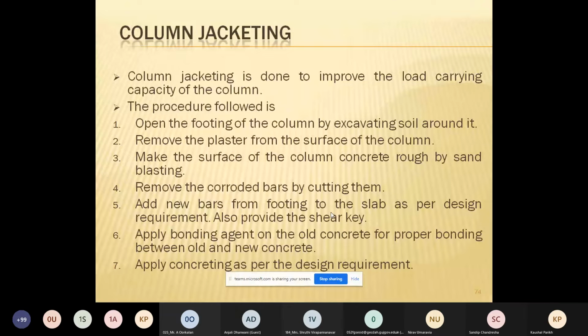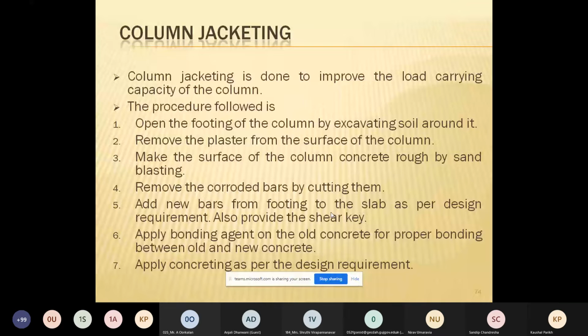As I stated, the shear key has been shown in the video. Apply the bonding agent on the old concrete for proper bonding between the old and new concrete. Then apply concreting as per the design requirement.